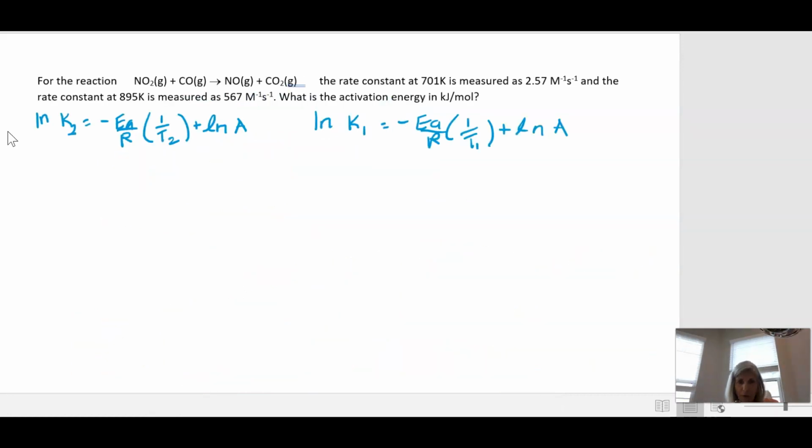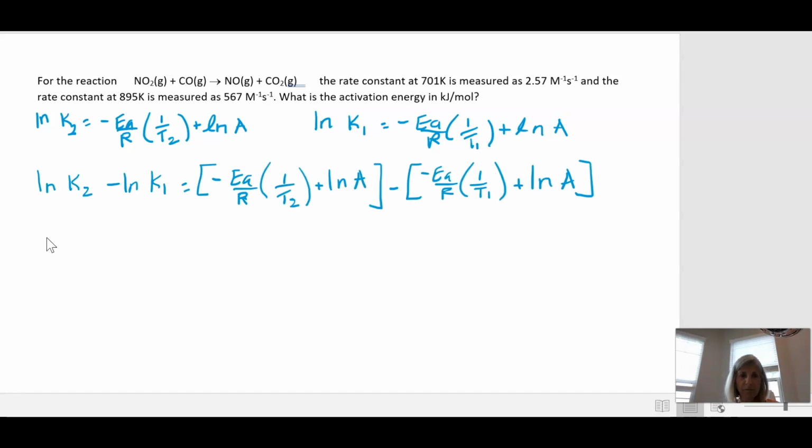Problem, we write the Arrhenius equation twice, one for K2 and one for K1. And now I want to combine these two by subtraction. So natural log K2 subtract natural log of K1 equals this portion right here, subtract this portion.